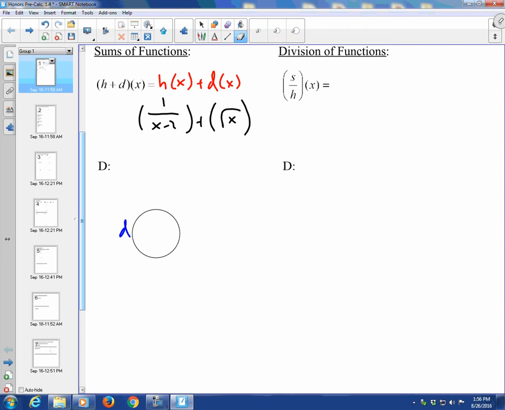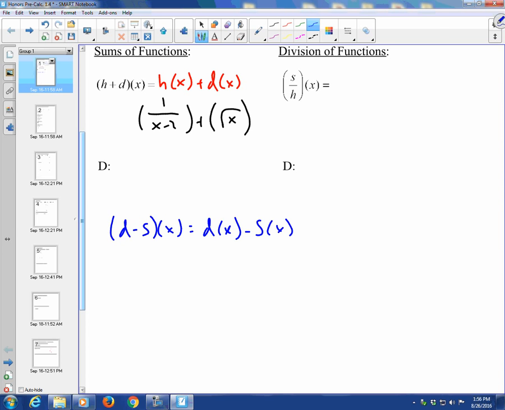But if we look at something like d minus s of x, this would be the equation d of x minus the equation s of x, which basically means the function is going to be taking the values of s of x and subtracting them from the corresponding values of d of x.